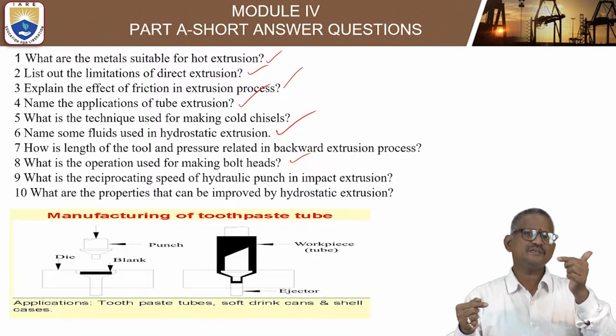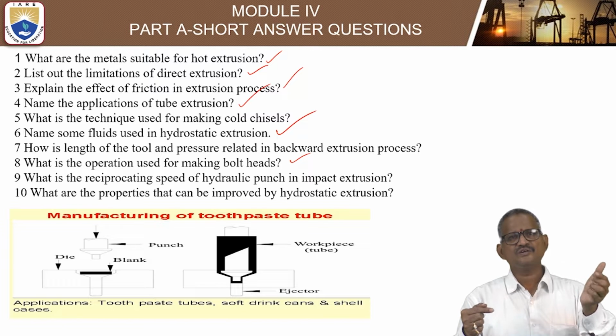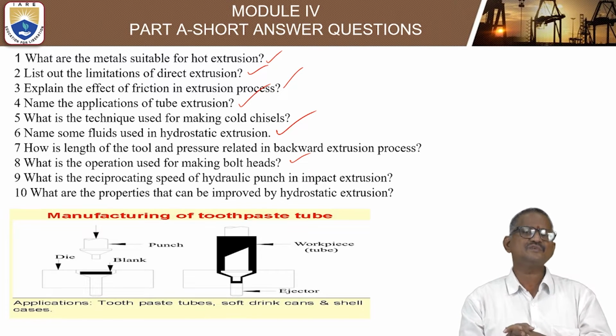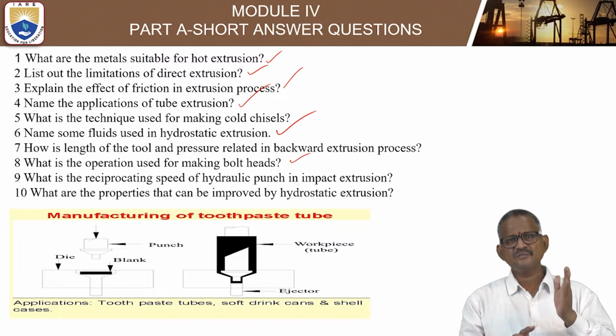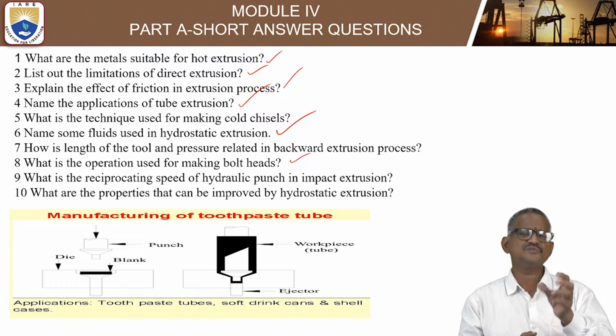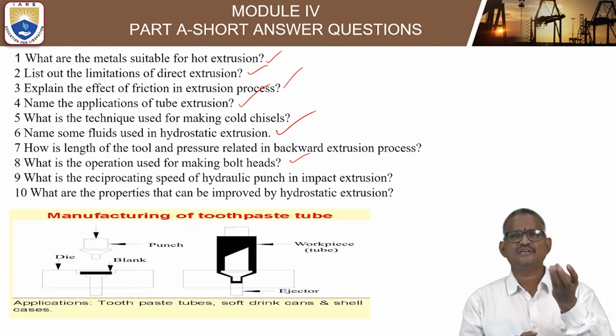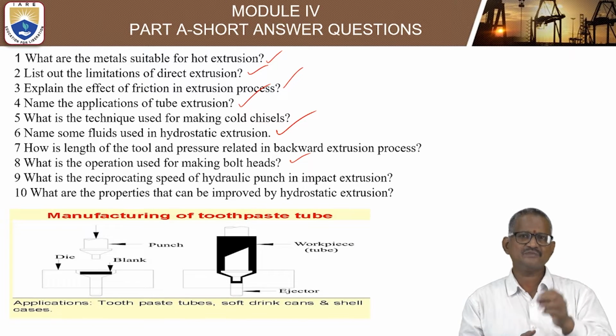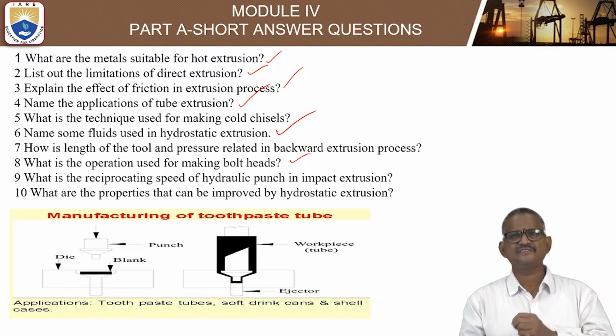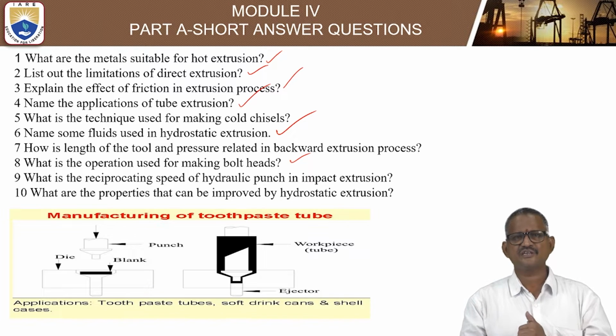The limitation means you are supposed to explain its quality and quantity, and the dimensional accuracy of the product, and you can also explain that.